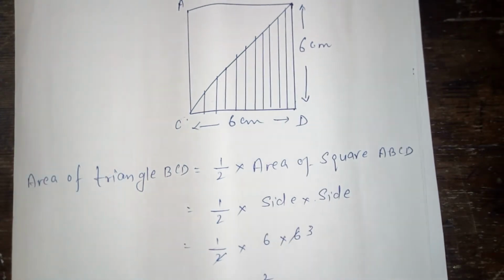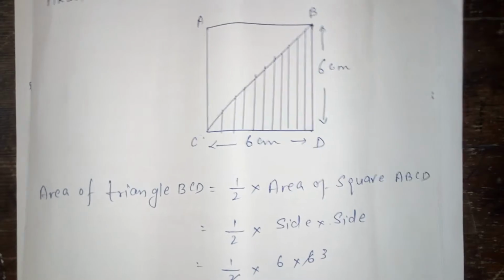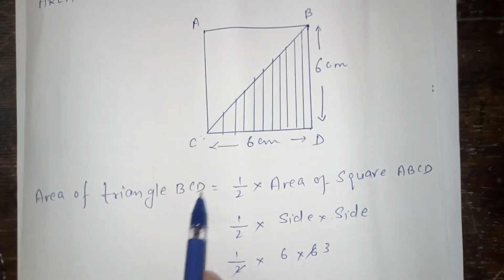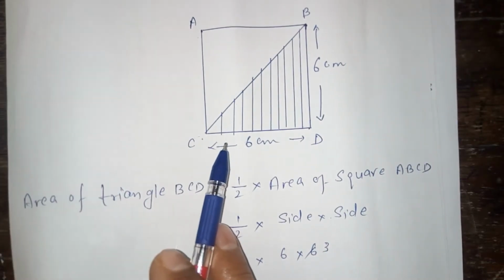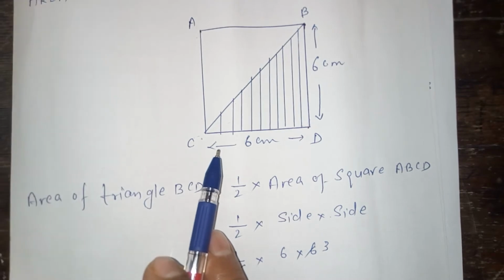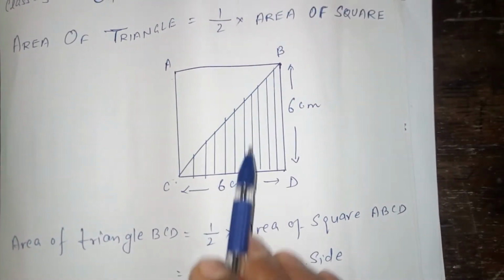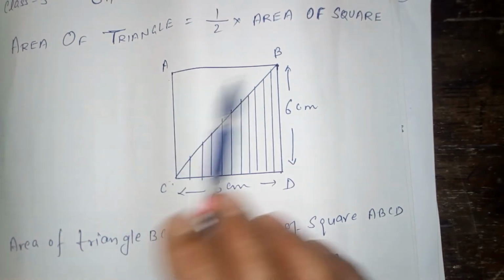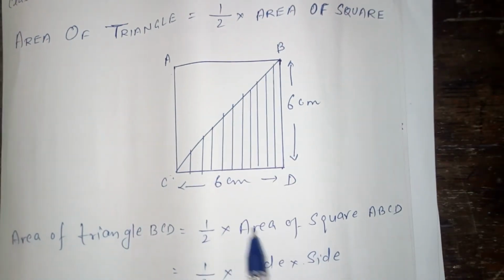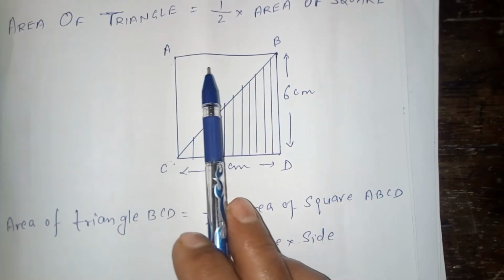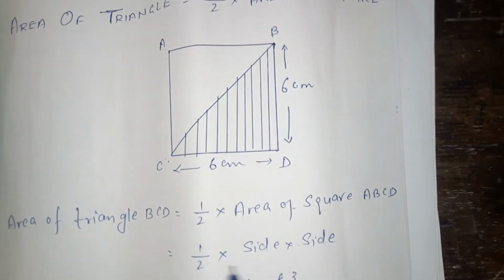So how will you find the area of triangle BCD, that is the shaded portion? The area of triangle BCD is equal to half into the area of square ABCD.